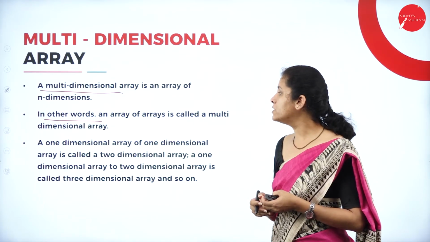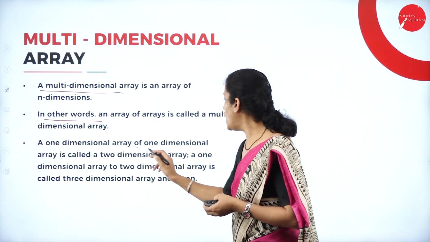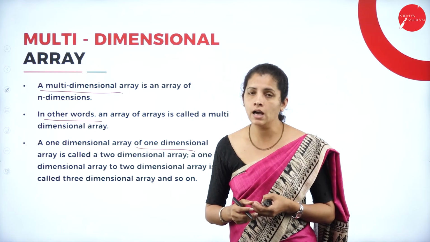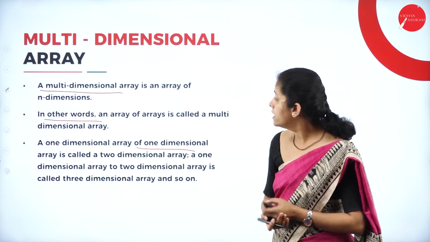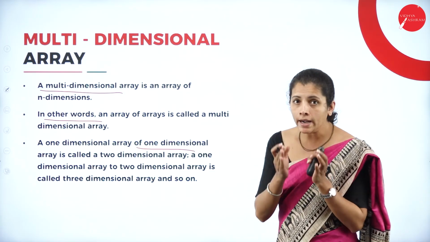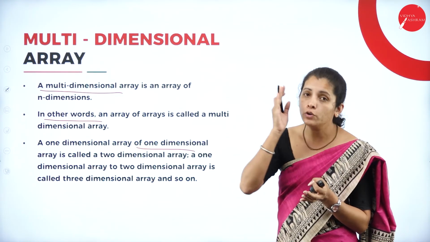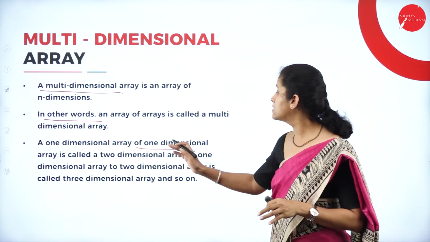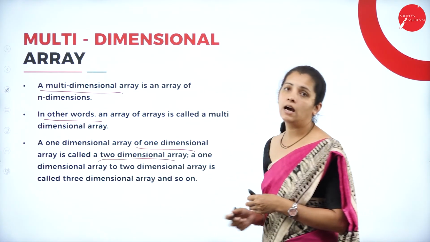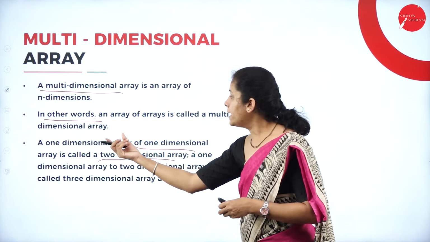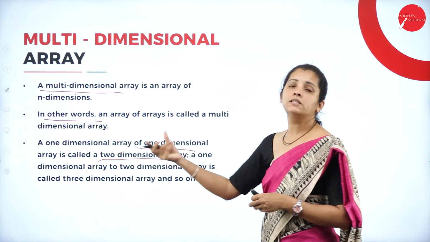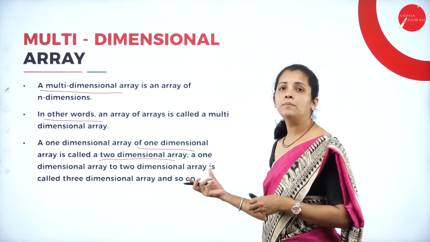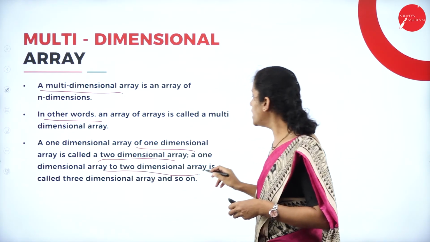So, a one-dimensional array of one-dimensional arrays is also called a two-dimensional array.